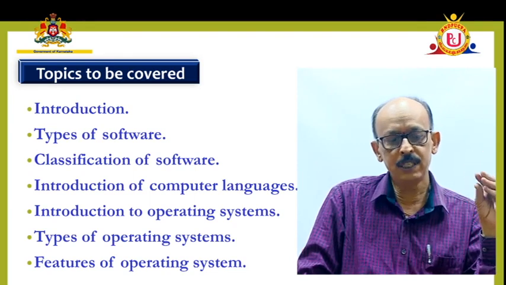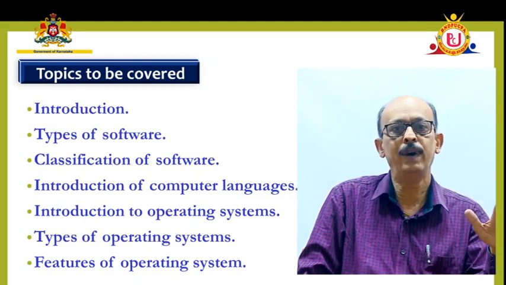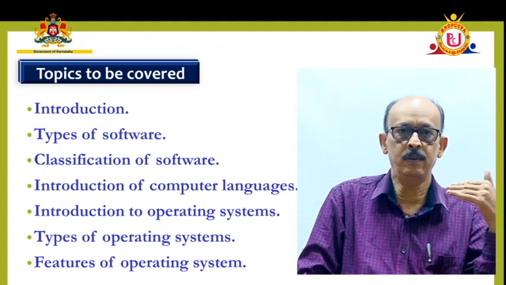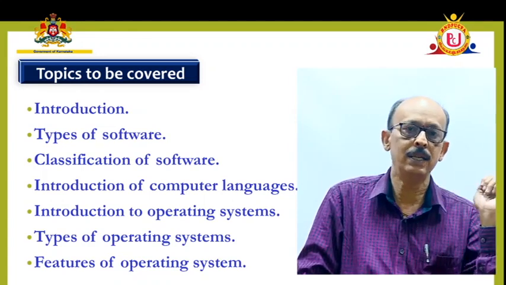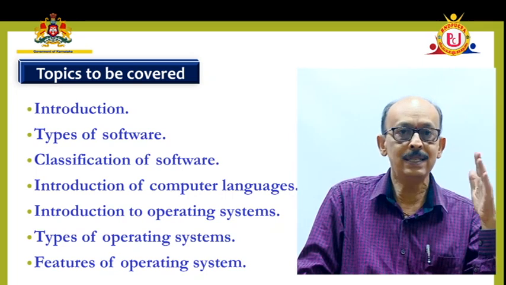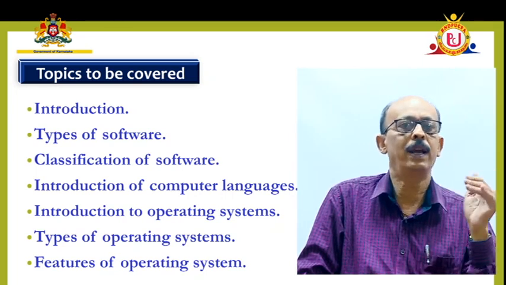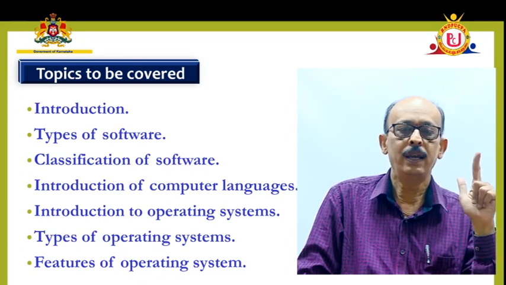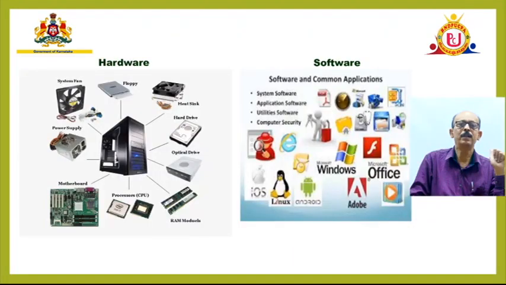The software which is present in read-only memory, called firmware, helps the computer to start the work in a system, to instigate the work in a system. That instigation software is called the firmware. So hardware, software, firmware; humanware are nothing but the users. Fine. This is just a small introduction to the different types of wares we have.